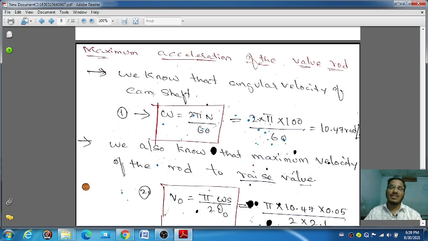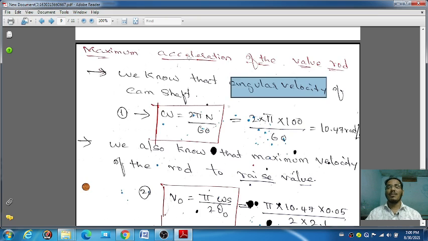The question is asking: determine the maximum acceleration of the valve rod. Whenever you are solving simple harmonic motion with a roller follower or knife edge follower, you have to remember 5 formulas. In those 5 formulas, the first one is angular velocity.